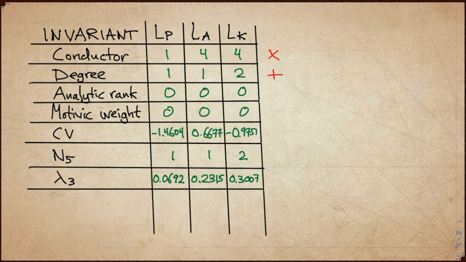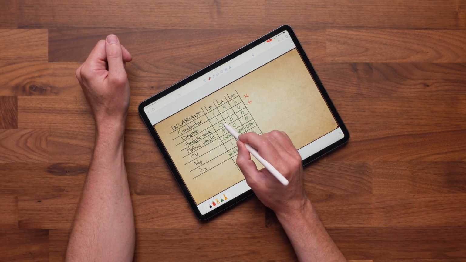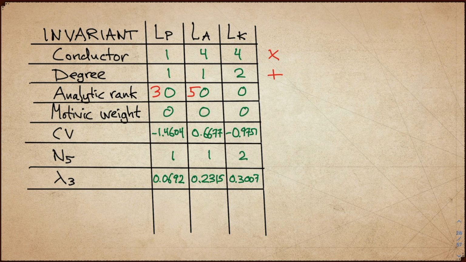Sometimes as a multiplication of numbers, and sometimes as an addition. For the analytic rank, we have 0, 0, 0. Could be addition, could be multiplication. In fact, if we had other examples with, say, 3 and 5 as analytic rank, then the direct sum would have analytic rank 8. And in general, this is addition.